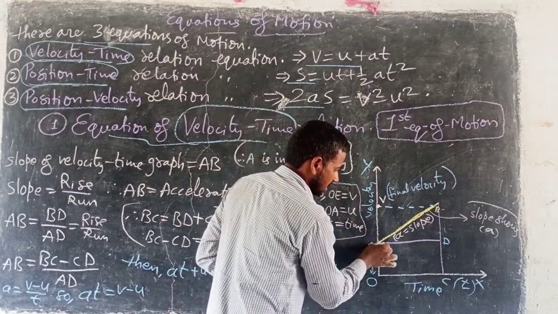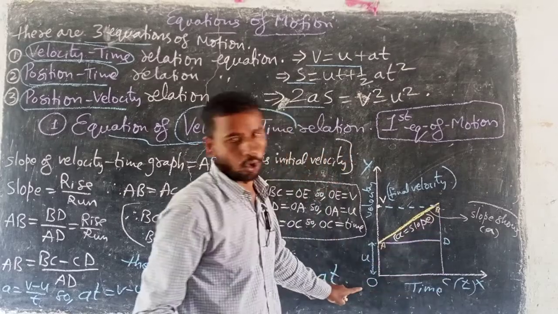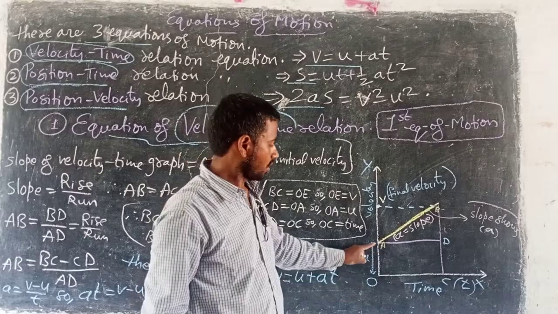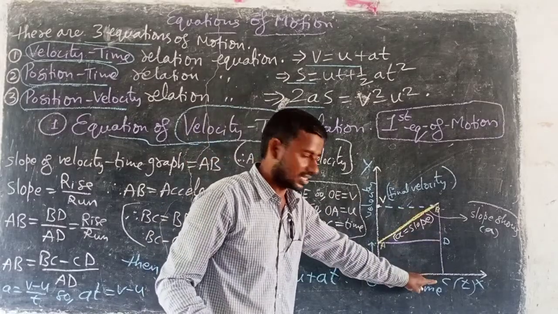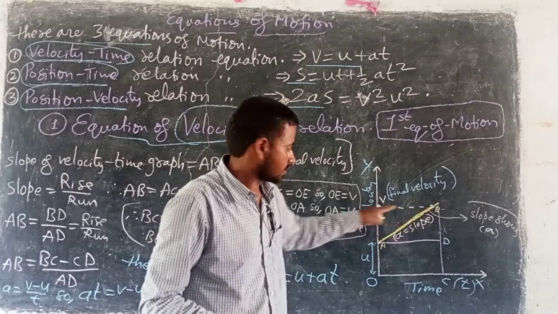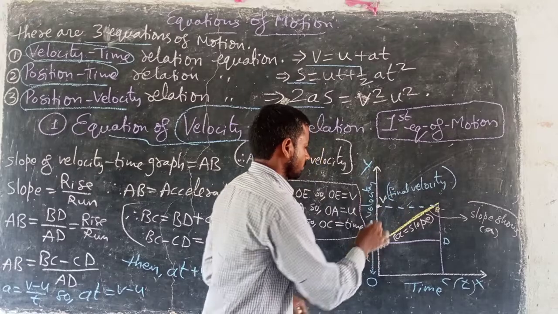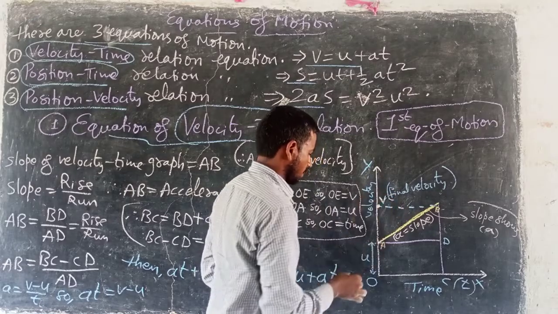Mark the points O, A, B, D, C. Take an equal line for B also, and put B there, just for the velocity purpose.